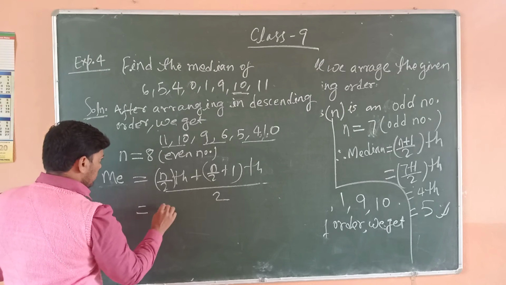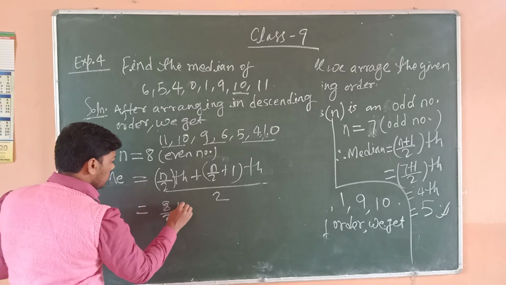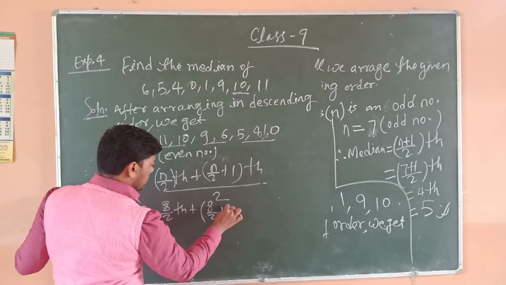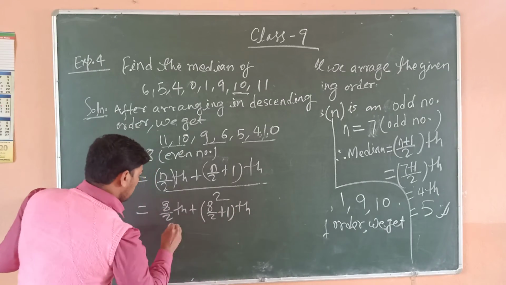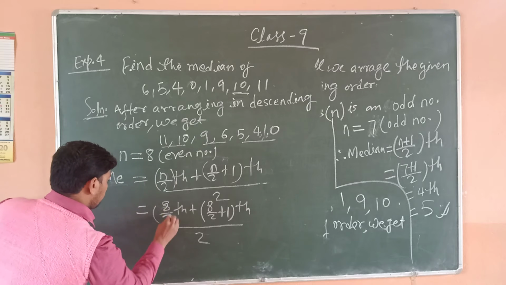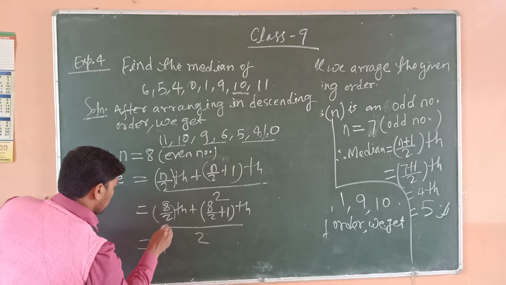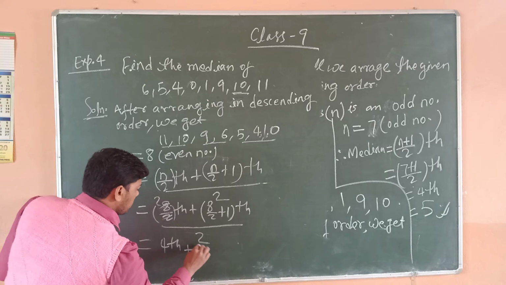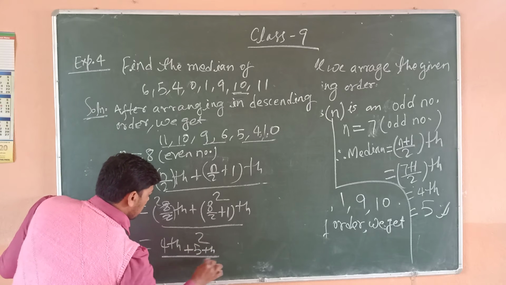That means 8 by 2 is the 4th term, plus the 5th term, upon 2.